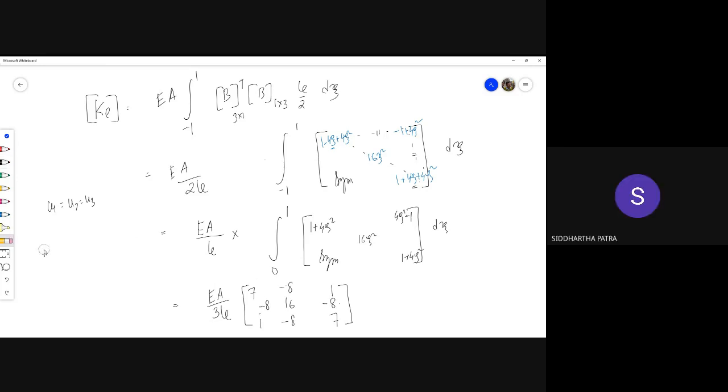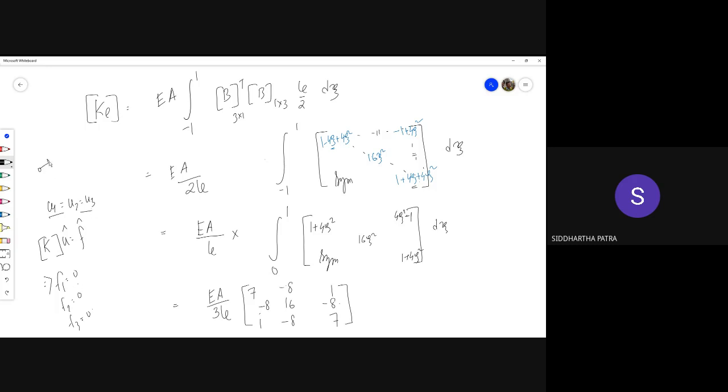That is a rigid body translation that we are talking about, which would mean that the net force, if I multiply k with u hat and I get a vector f hat, then f1 equals 0, f2 equals 0, and f3 equals 0. If the body is moving rigidly, these forces are responsible for deflection, so since no deflection is happening, the net force should be 0, right?